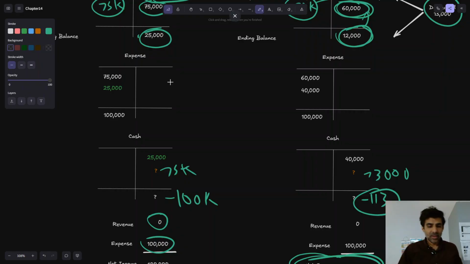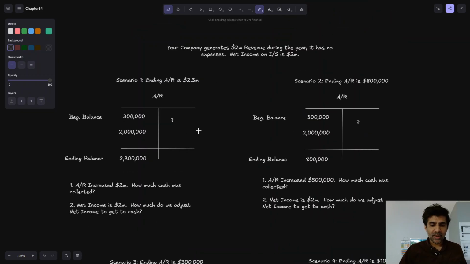Okay, so now let's look at the other side where we have $2 million in revenue during the year and no expenses. So now we're just going to look at the other side where the current asset changes. The net income on the income statement is 2 million. So this is our starting point in our analysis of cash flow. We're going to take the net income of 2 million and now adjust it. And there are different scenarios here of what happened to accounts receivable.